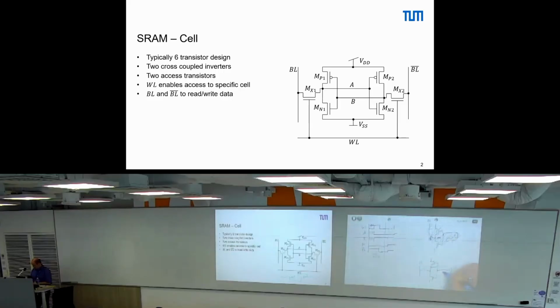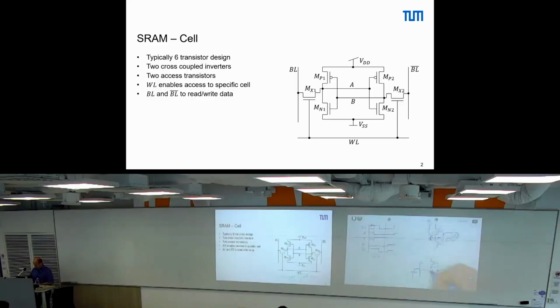Then this here is node B, and here we have node A, and we only consider node A. Yes? Good. Now, what happens on an analog level, we have here a large capacitance.